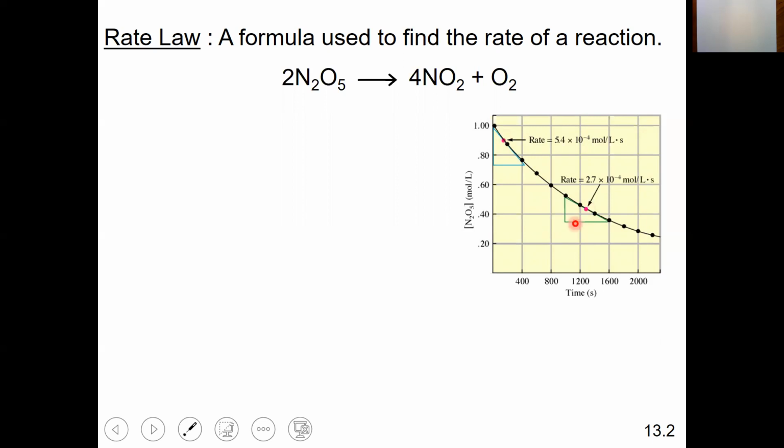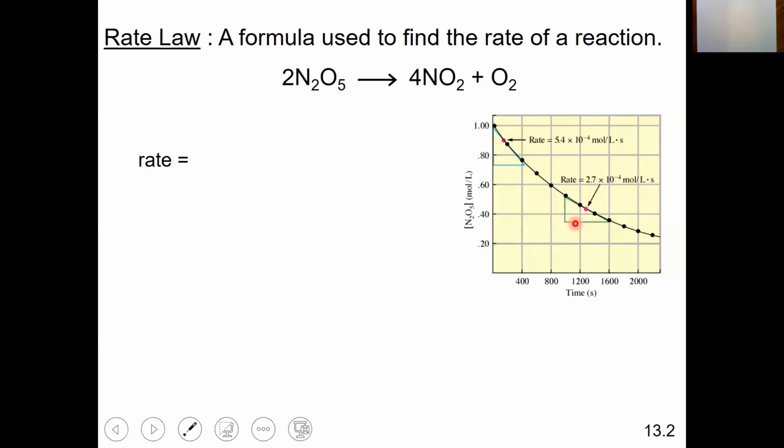They've found the slope of the line at those 2 points. Note the slope of the line is different at those 2 points. So a rate law is always written in terms of reactant concentration.